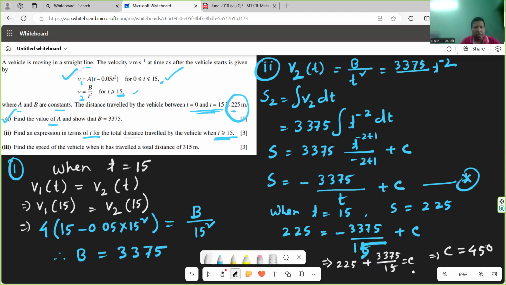Now we want the expression in terms of t for the total distance traveled when t is at least 15. So c equals 450. We put this in equation 1. So s equals, instead of c, we write 450 minus 3375 by t. So this is the total distance in terms of t, in meters. So our part 2 is completed.